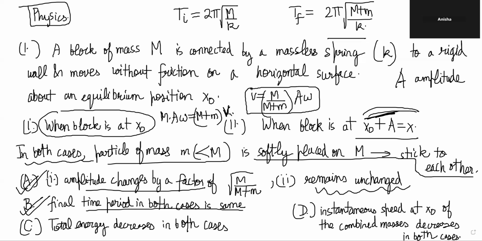And now we can see the instantaneous speed at x naught, correct? At x naught, the speed decreases. In part one, it's obviously decreasing. You just have to see part two.